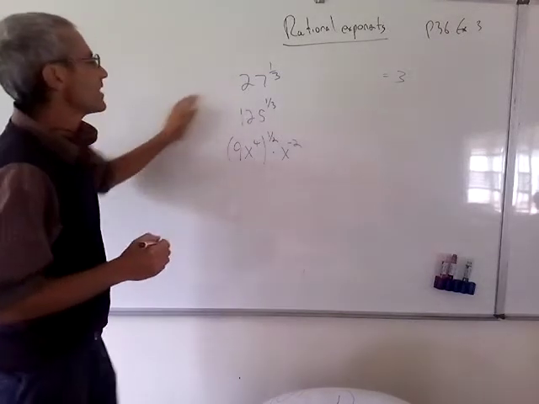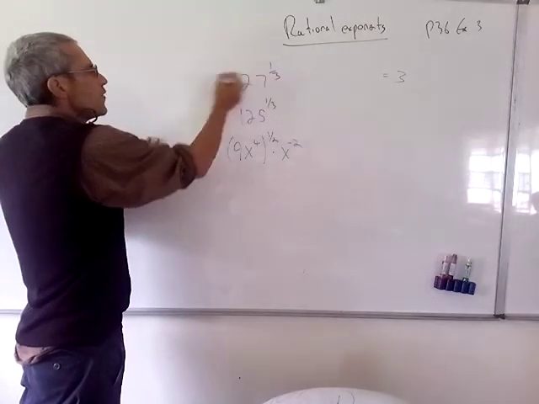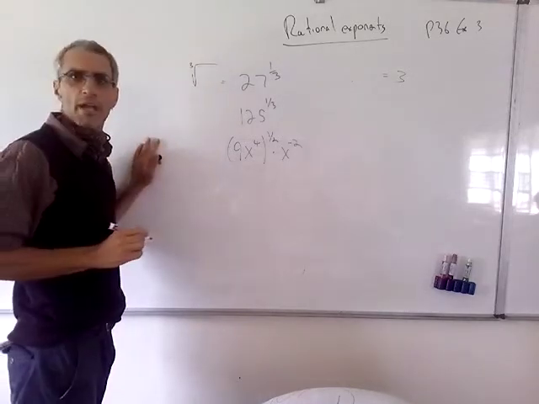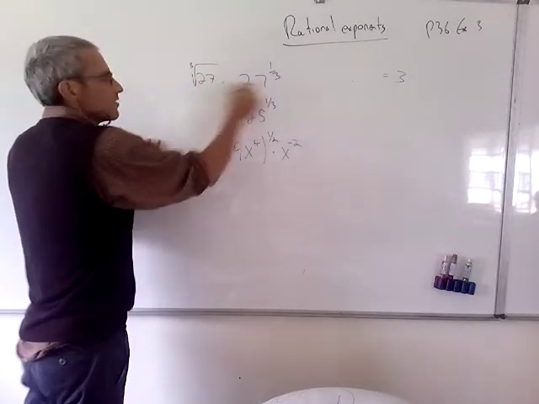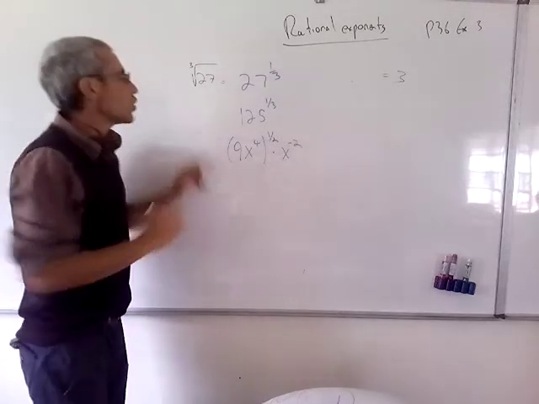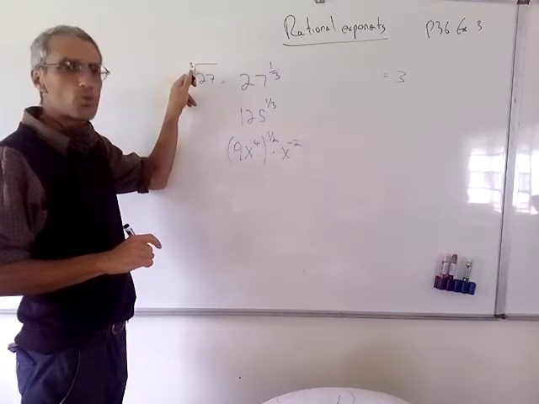Okay, guys, basically what it means is that power third means a cubic root, a cubic root of 27, which is 3. So a power of a third is basically the cubic root.